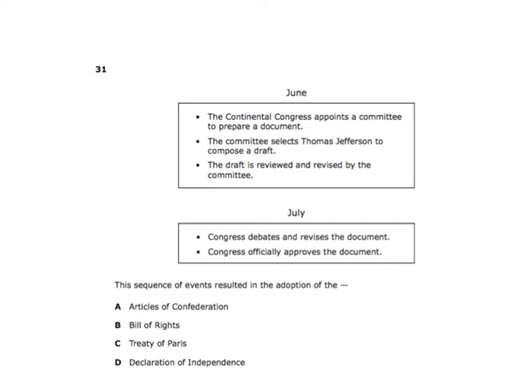This sequence of events resulted in the adoption of the Declaration of Independence. Remember, Thomas Jefferson wrote the Declaration of Independence. It was signed into action July 4th, 1776. This all makes too much sense.